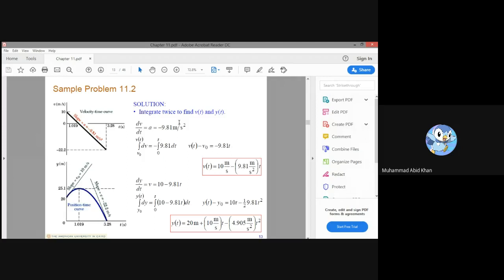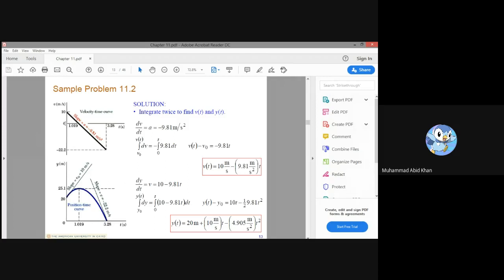We did the integration, put the values, and got minus 9.81 again, because we integrated with respect to time from 0 up to t. We calculate it here when we put this value.